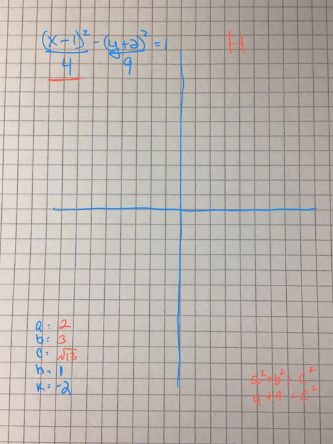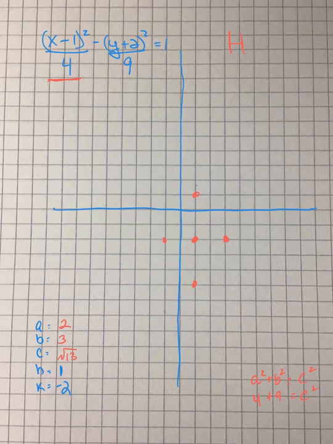We're going to graph the center, and the center is 1, -2, right here. And then since it's horizontal, we're going to take the A and go right 2 and left 2. And the B, we're going to go up 3 and down 3. Okay?